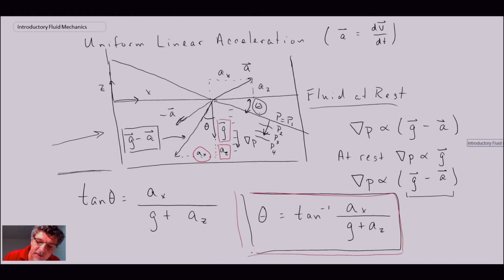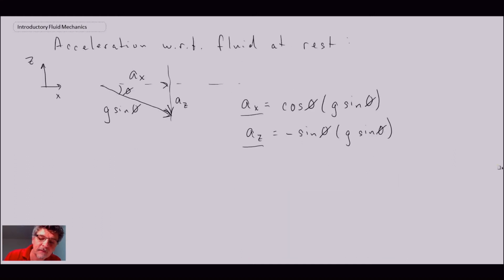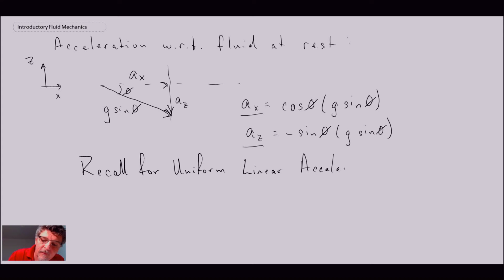If you recall back, let me go back a couple here. This relationship here for the free surface with uniform acceleration, we're now going to use that relationship. So recall, for uniform linear acceleration, we had that the free surface could be defined in this way.